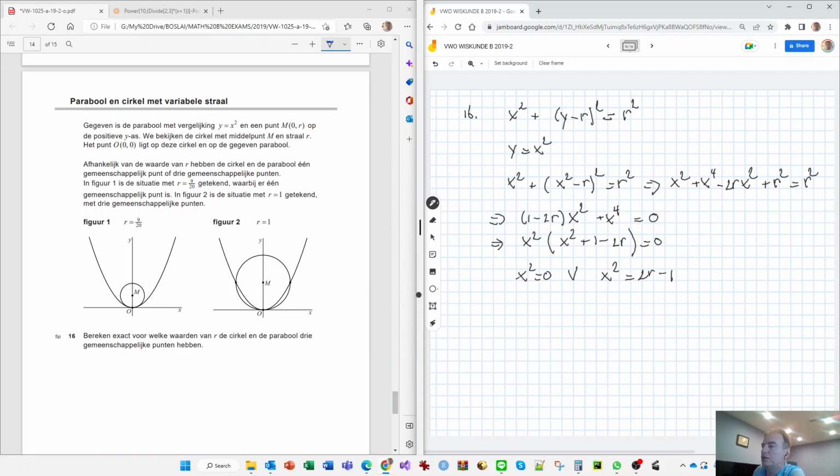So this is also not dependent on r, and this has a solution when 2r minus 1 is greater than 0, which means 2r is greater than 1, or r is greater than 1/2.